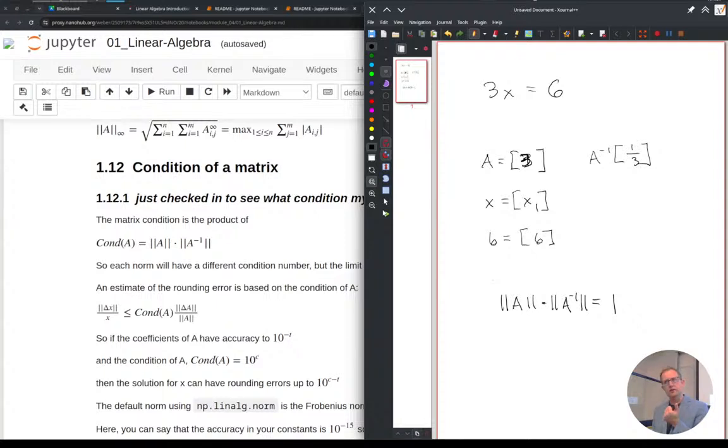I'm pretty sure 1 would be the lowest condition number because you're always taking two magnitudes and multiplying them together. And if the magnitude of A was 1/3, then the inverse is probably going to be 3 or bigger. So then you'd end up at 1. But that's the 1-by-1 example.